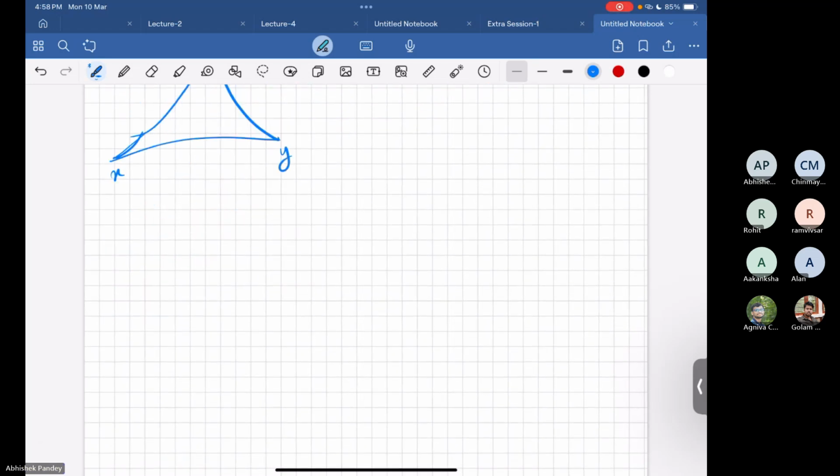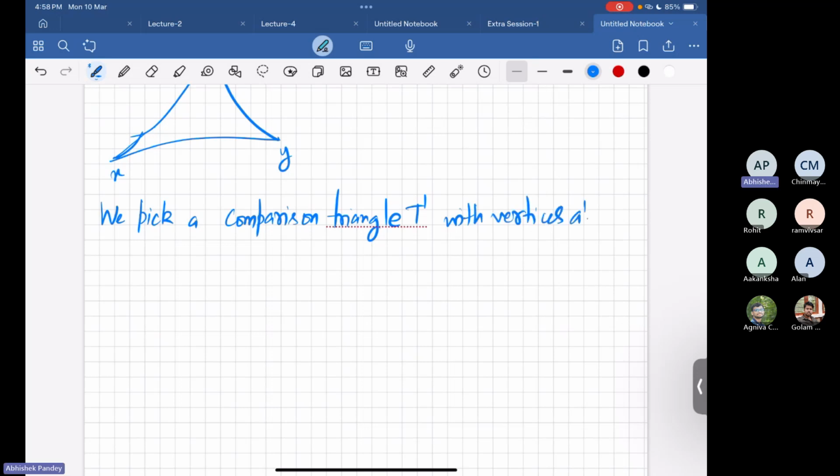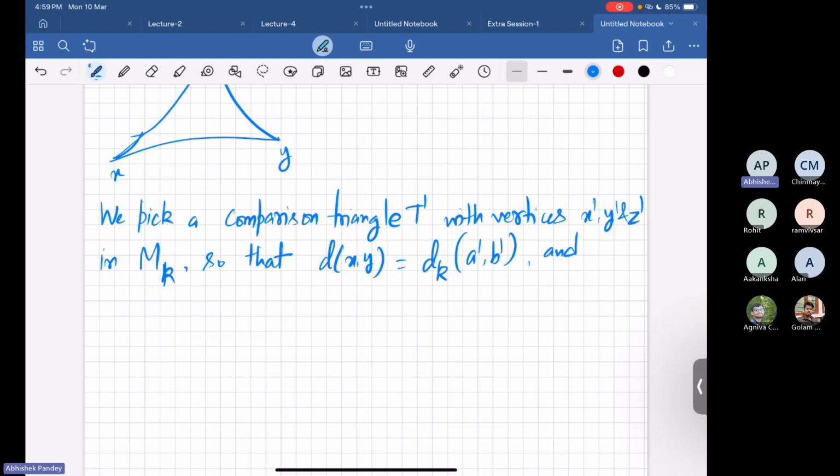What we are going to do is the same thing. We pick a comparison triangle T' with vertices x', y', and z' in M_K, so that the distance between x and y equals the distance d_K between x' and y', and similarly for the other sides.